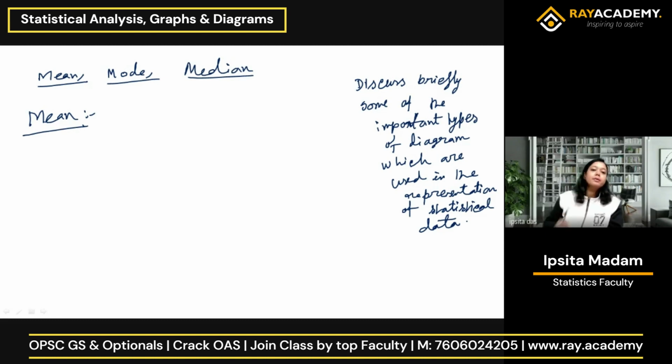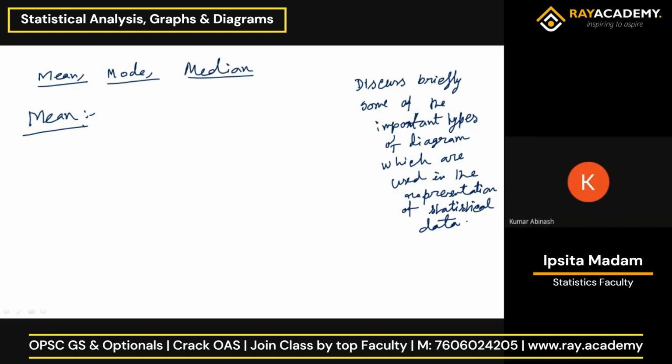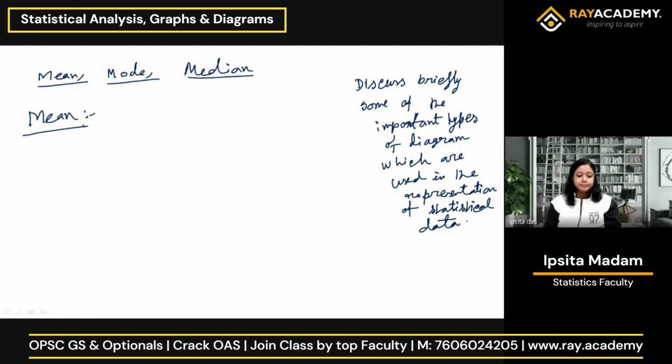May I start with mean, mode, median? Yes, ma'am. First one, mean. Mean means normal average. When you have only numbers, you find the average. Suppose you have 13, 14, 12, 17, 20.